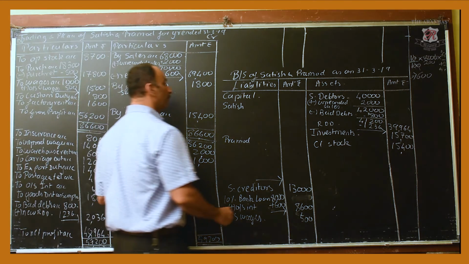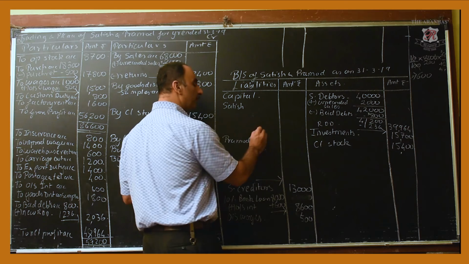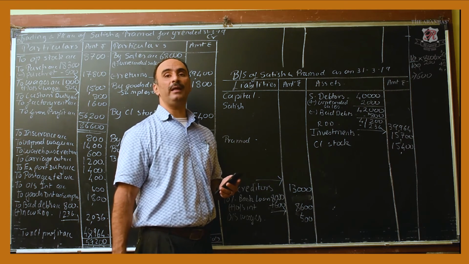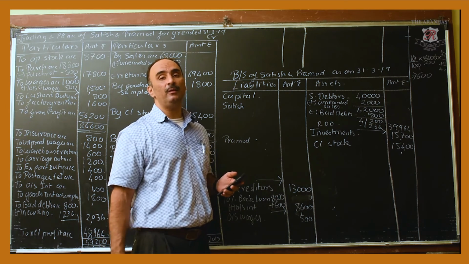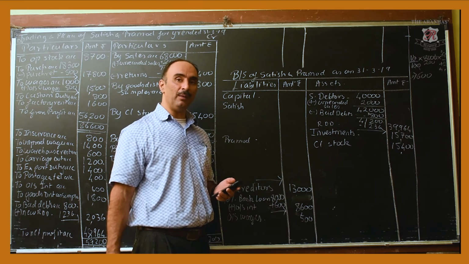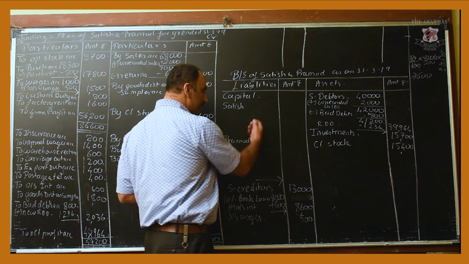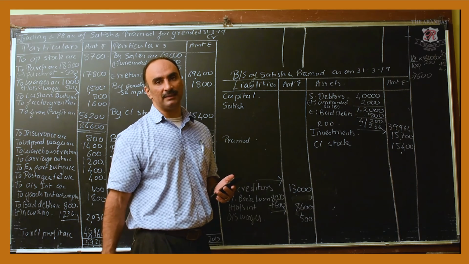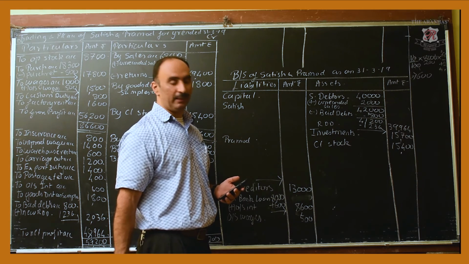This net profit will be distributed to both the partners equally. Why equally? Because when no ratio is given, we consider it equally. But the problem here is, even if I consider it equally, I will not be able to get individual partners' capital balance. I will get the joint capital balance.